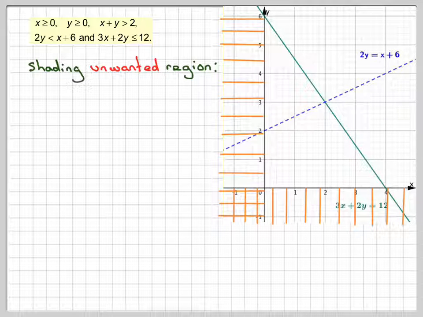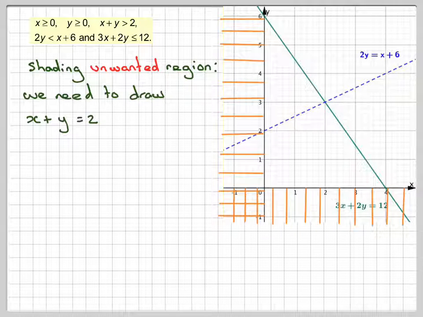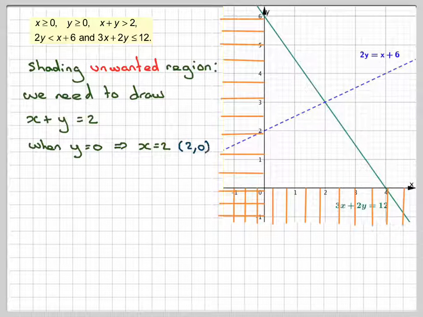For the next one, x plus y is greater than 2, we actually need to draw the line first, for x plus y is equal to 2, because it's not actually on the graph. When y is equal to 0, x is equal to 2, so we put on the point 2, 0. This is the line y is equal to 0, so we mark on that point there.